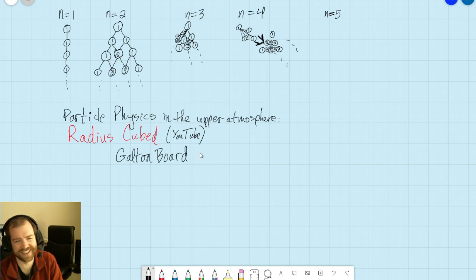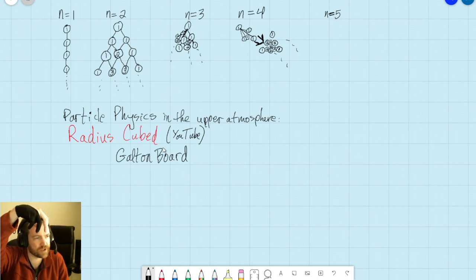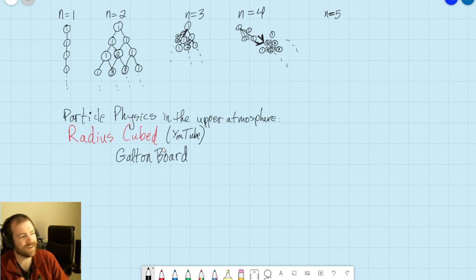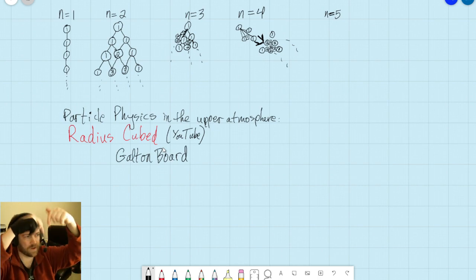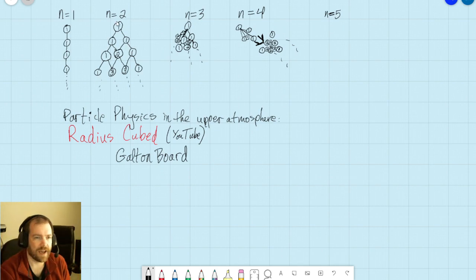The Galton board is this really cool device that has a little funnel slash pouch at the bottom, which collects all of these ball bearings, and then you flip the whole thing over and it starts dumping the ball bearings out the top. And it has a pachinko board in it.